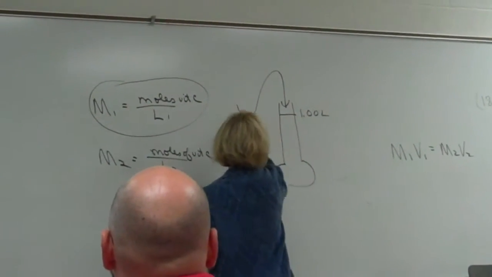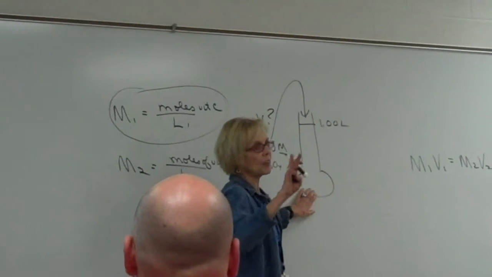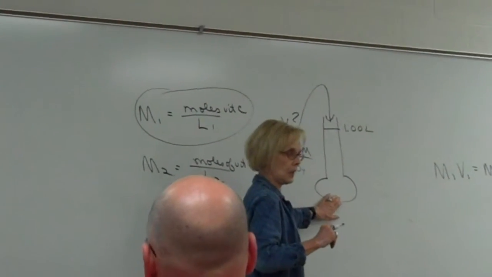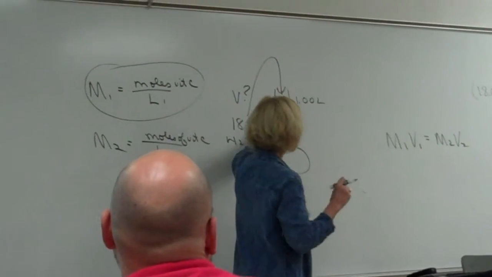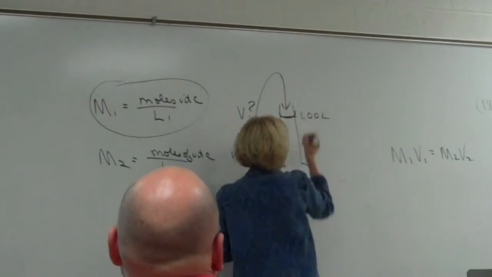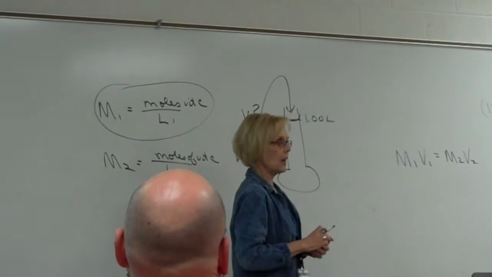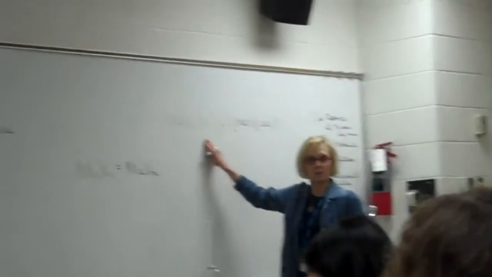So I need to know what volume I need to put in here. Don't think safety yet. Just what volume of this do I need to put in? And then I'm going to add water, the solvent, up to this line where the bottom of the meniscus is right on that line. So it's a dilution problem.